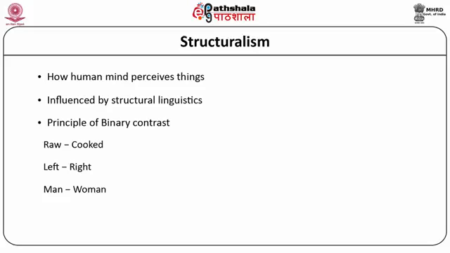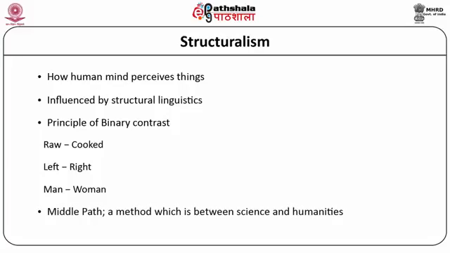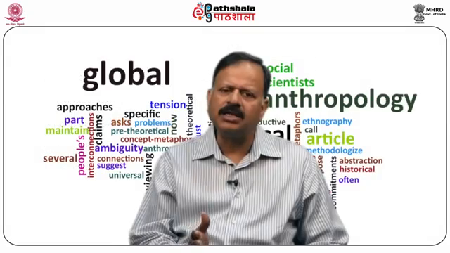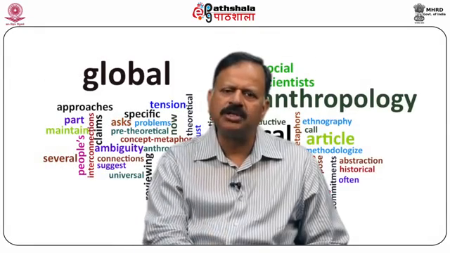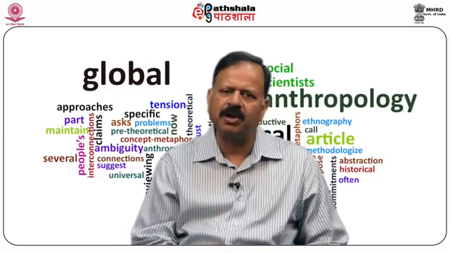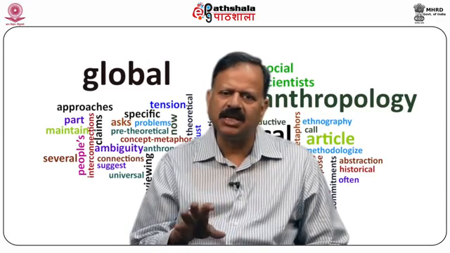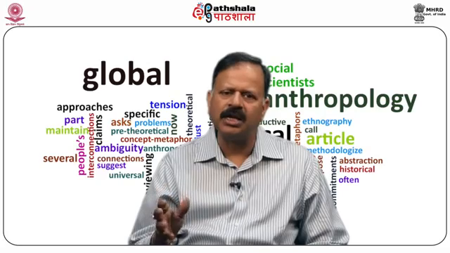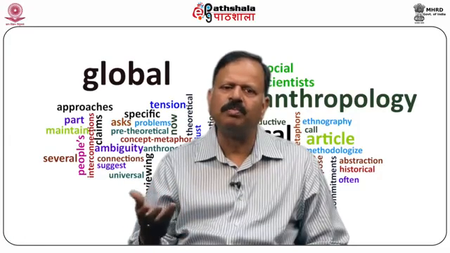And in the whole process, the argument of the French tradition was that it is a middle path. It is a method, but it is neither scientific nor humanities. And it is interesting to know how it offers a middle path. It is a middle path because it believes that there is a universal rule to study the human mind, and that rule is the rule of binarity.